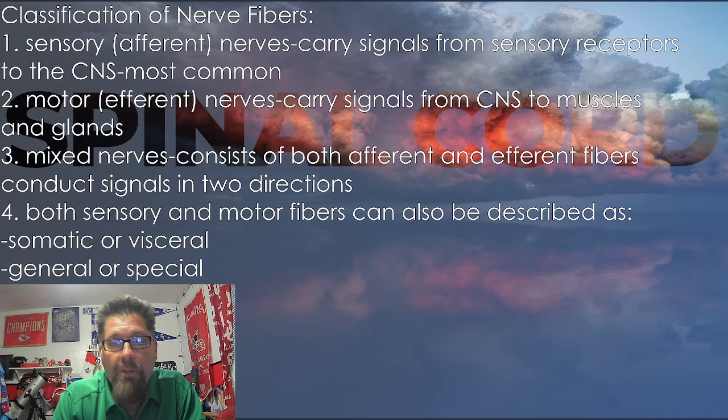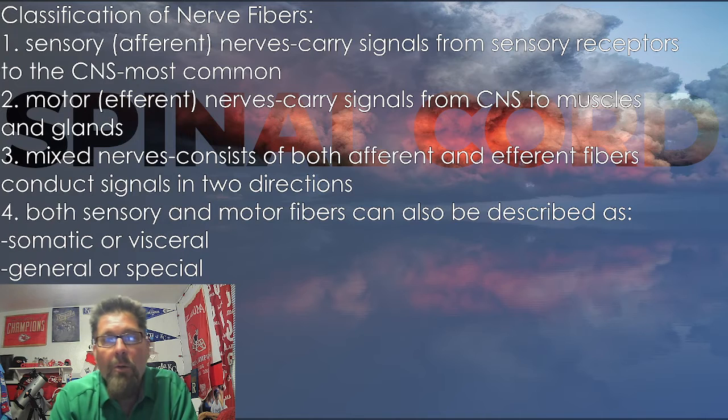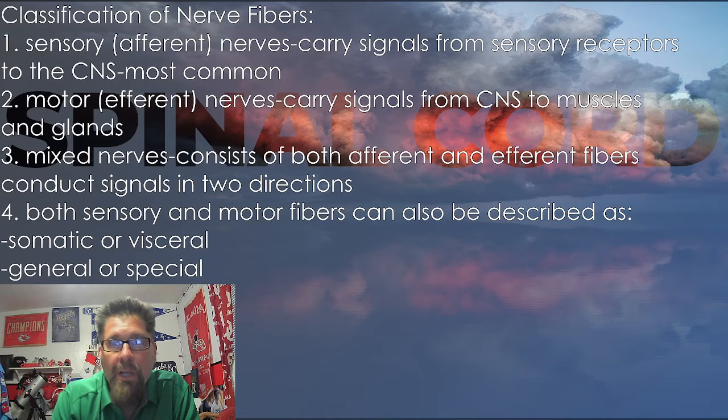That afferent, we talked about in the nervous tissue chapter, means away, whereas the word motor means it's coming down from the brain and out to wherever it needs to go. It's going to cause some action or something to happen, and that's the efferent nerves. So remember sensory and motor, afferent and efferent. Remember those nerves. And then the mixed nerves.